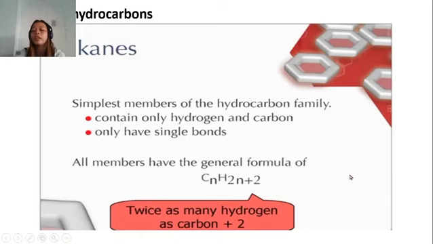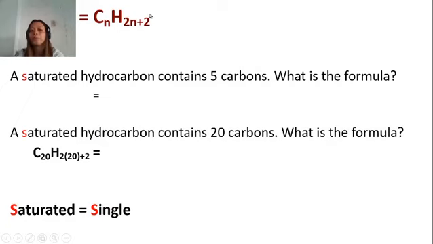All members have the general formula CnH2n+2, so twice as many hydrogen as carbon, plus 2. For example, for C5, if 5 carbon atoms are present, then the hydrogen should be twice that, so 2 times 5 would be 10, plus 2.